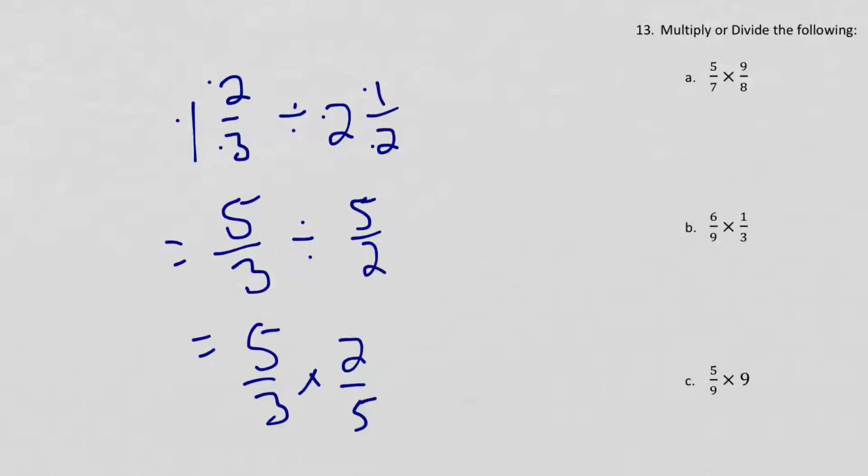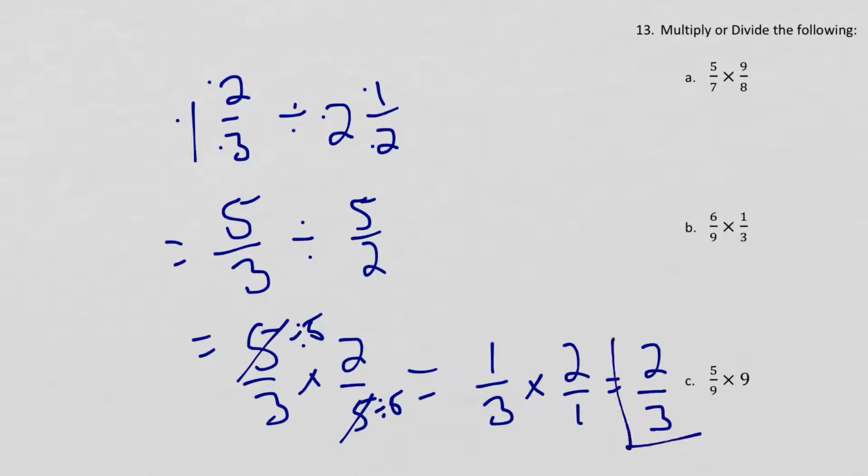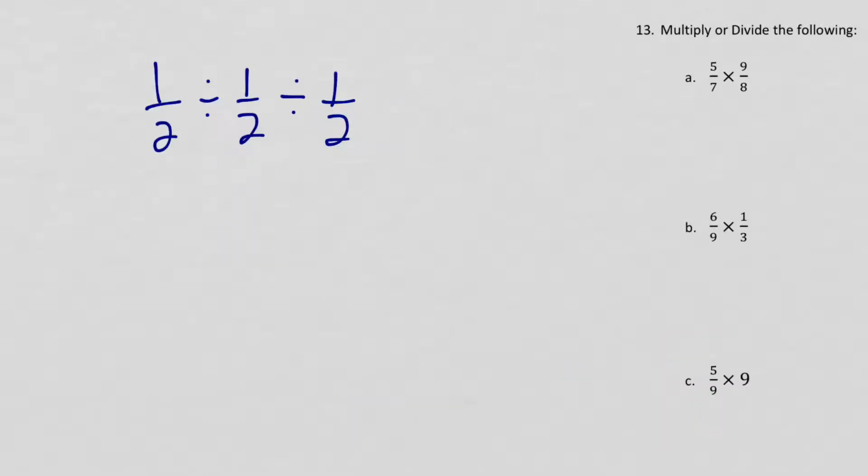Looks like we can do some canceling. 5 and 5 will divide out because we're dividing both of those by 5, and we end up with 1/3 multiplied by 2/1 for a result of 2/3, right, as we multiply the tops and the bottoms. And that's it. That's about all we need to cover, I think, for fraction division, with the exception of one question that I remember having in class.